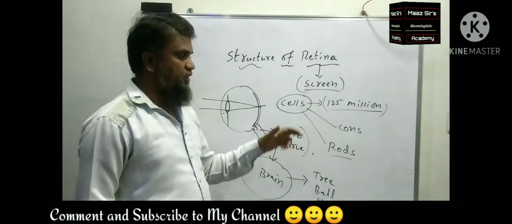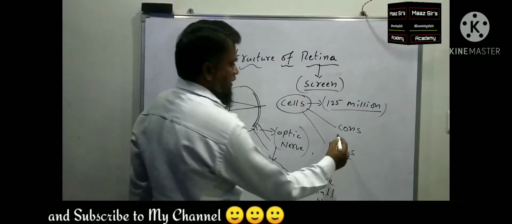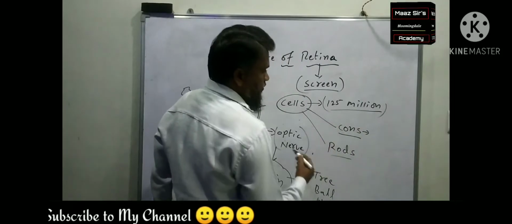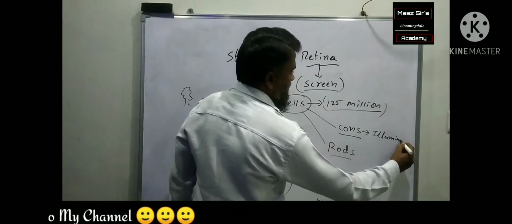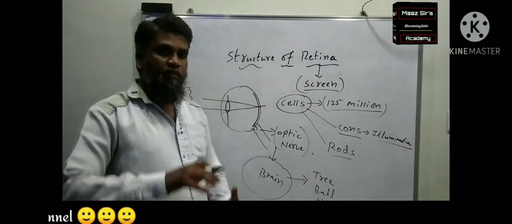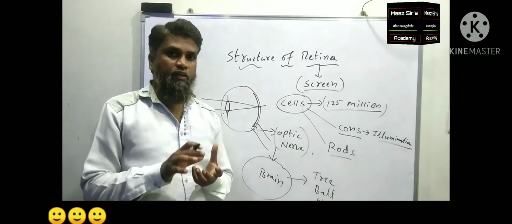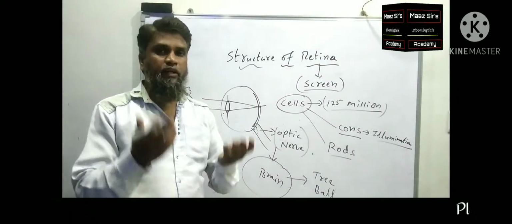So what is the individual function of cones? Cones respond to illumination. The main function of the cone is to illuminate the object. How much illumination is there? Illumination means brightness.